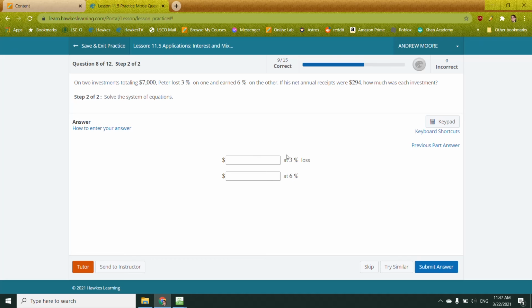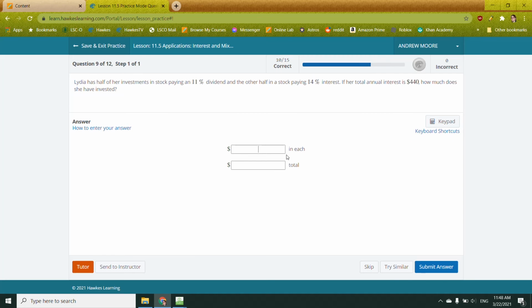And our x was our loss, so we lost 3% of our 1,400, and we had 5,600 in our gain.